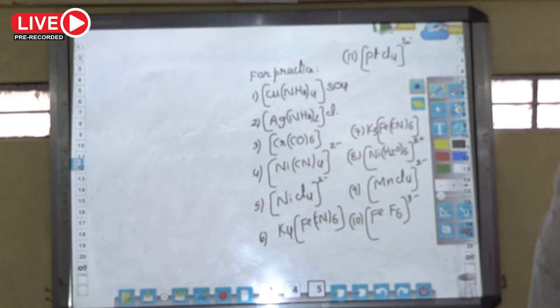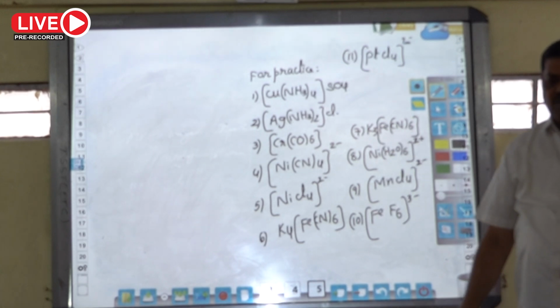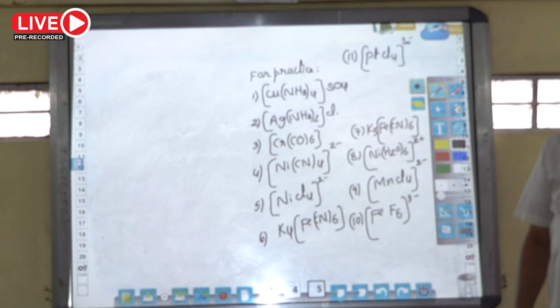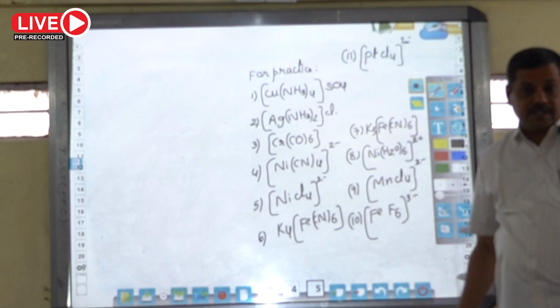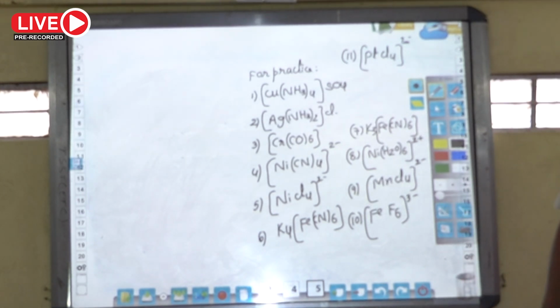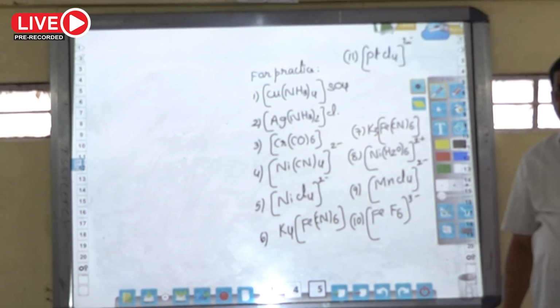So this is all about VBT. Very simple VBT. What the metal ion will do is provide vacant orbitals for bonding. The vacant orbitals, not pure orbitals, mix with each other and form what? Hybrid orbitals.